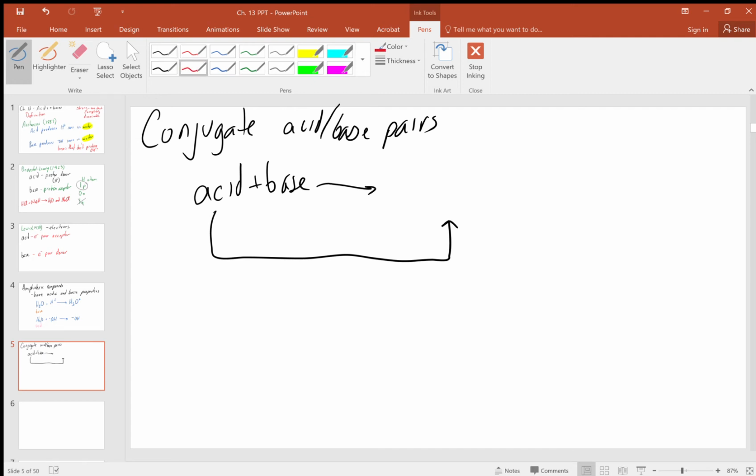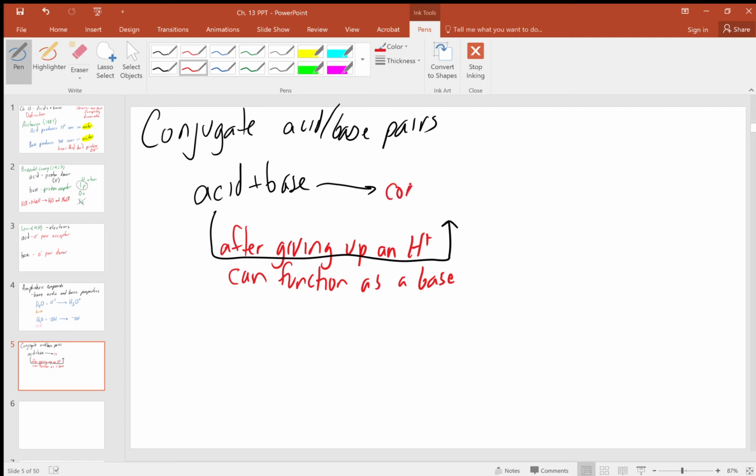Now the acid, after it gives up its proton, is now going to turn into something that can function as a base.